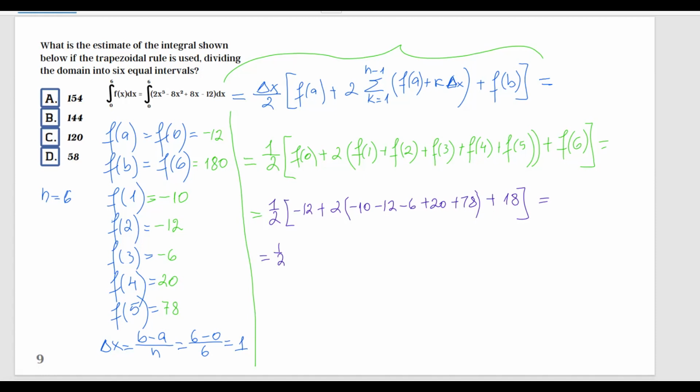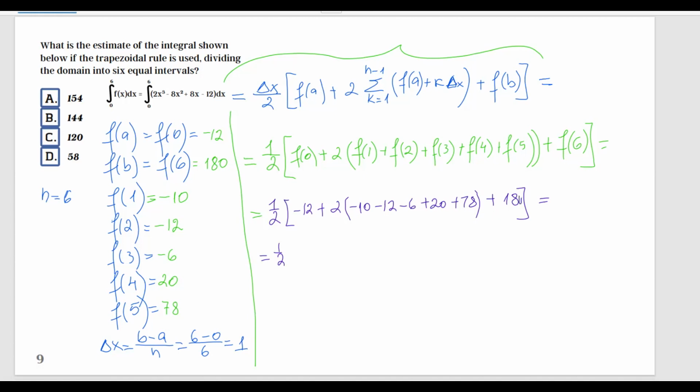Let's see, I'm getting 78, 20 plus 6 minus 12 minus 10 minus 2 multiplied. Okay, and now we have 12 minus 18, 180, and I wrote 18, look at that.